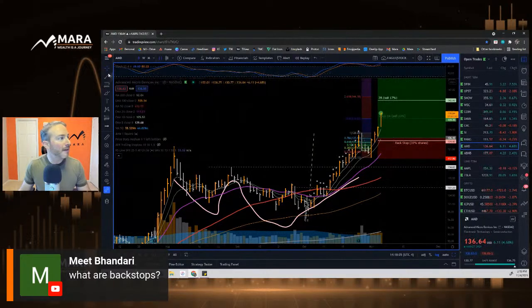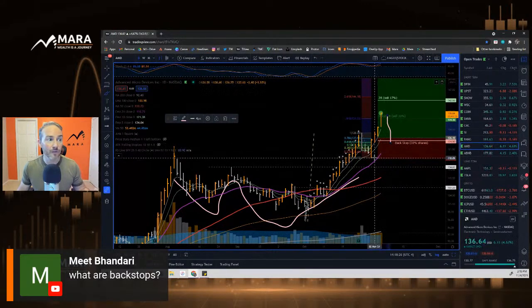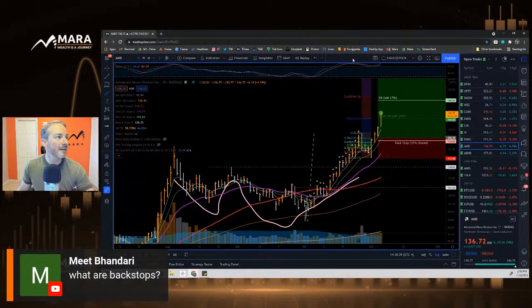That way, if price should happen to fall back in, I'm stopped out over here, because it should not do that if it's going to continue being a leader. That's in a nutshell what a backstop is. It's simply raising your stop loss. So, anyhow, a long-winded answer to a relatively straightforward question, but hopefully it all makes sense.